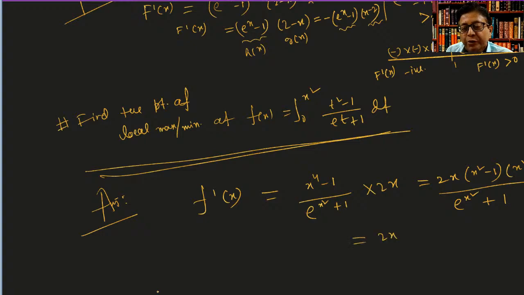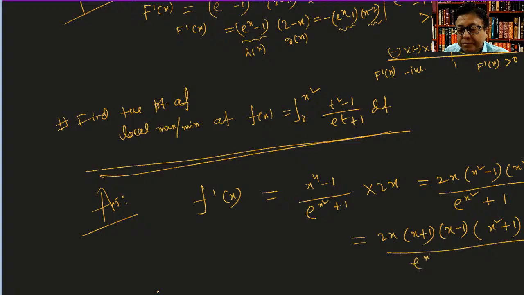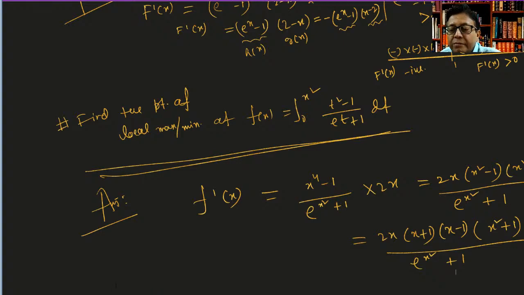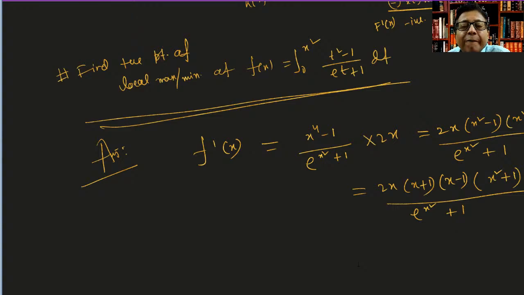This will be 2x, x plus 1, x minus 1 and x square plus 1 by. Clear? And for this particular sum, I tell you to go by the first order derivative. Okay?